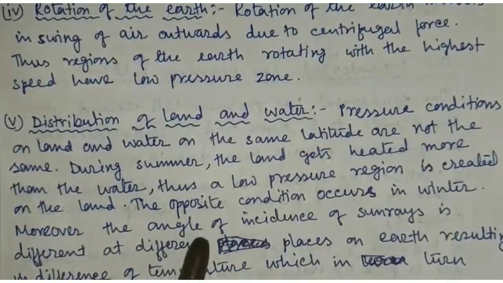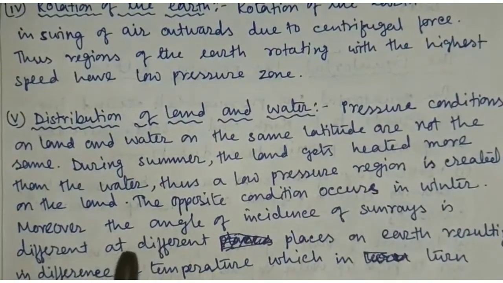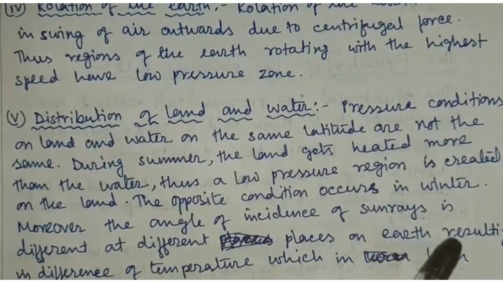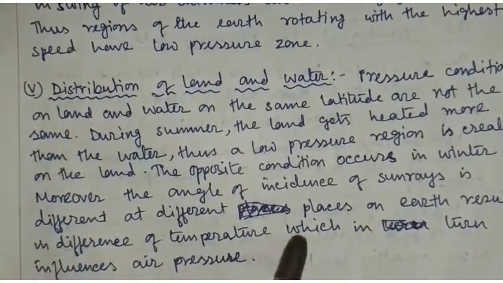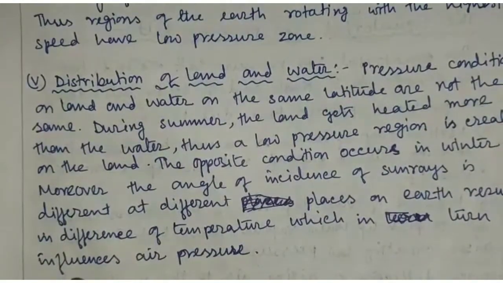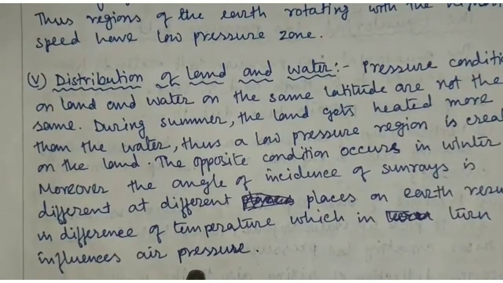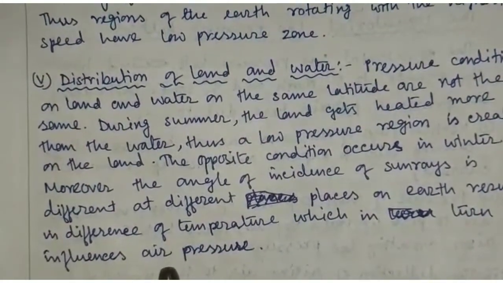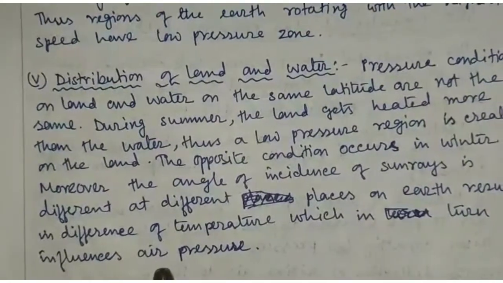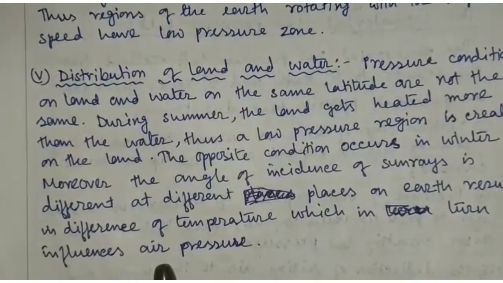Moreover, the angle of incidence of sun rays is different at different places on Earth, resulting in different temperatures, which in turn influence air pressure. These are all the factors of atmospheric pressure.